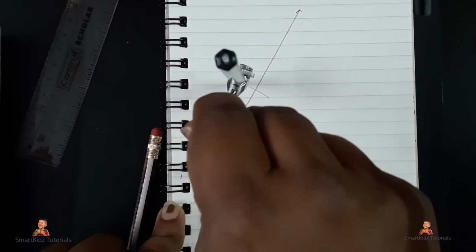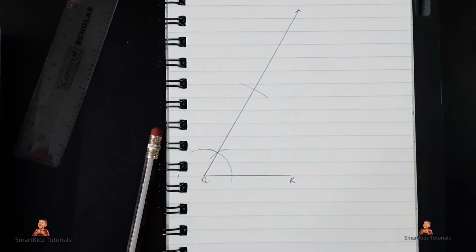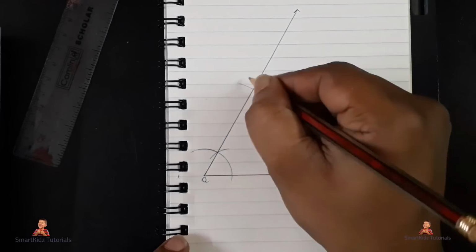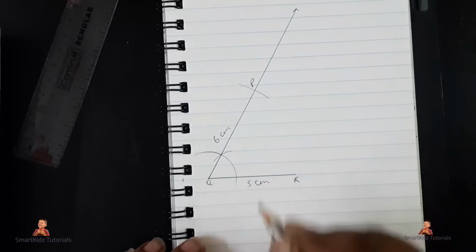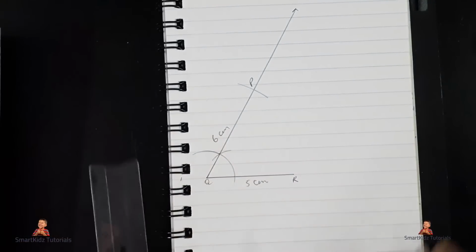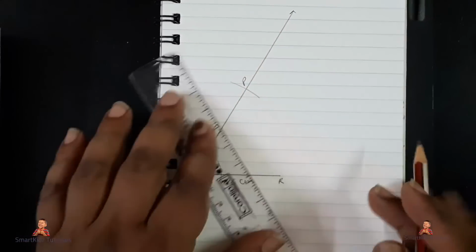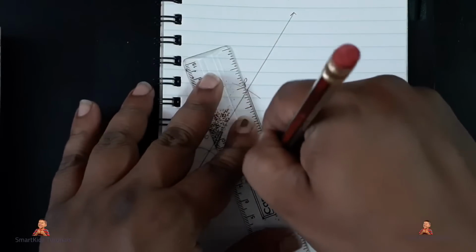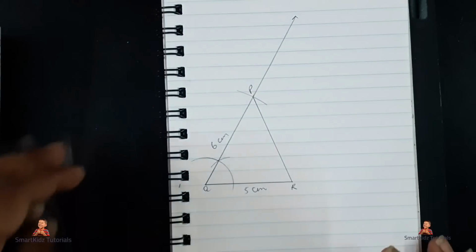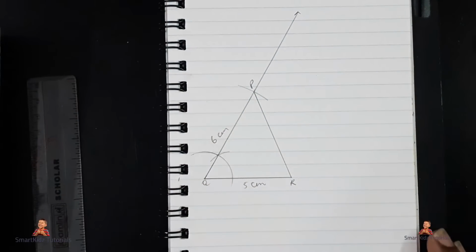So where this arc cuts this line, that will become 6 centimeters. So PQ, that's 6 centimeters. This is 5 centimeters. And then we need to just join P to R, and we complete triangle PQR this way. Okay, that's done.